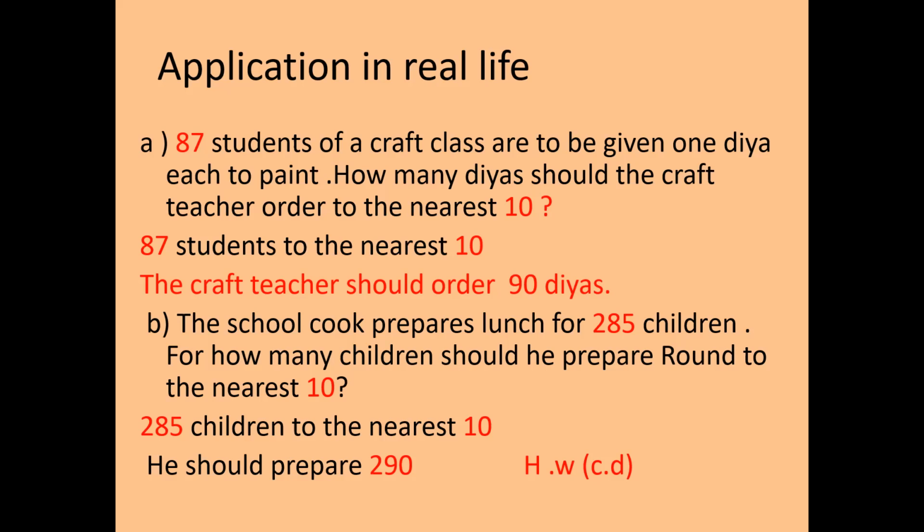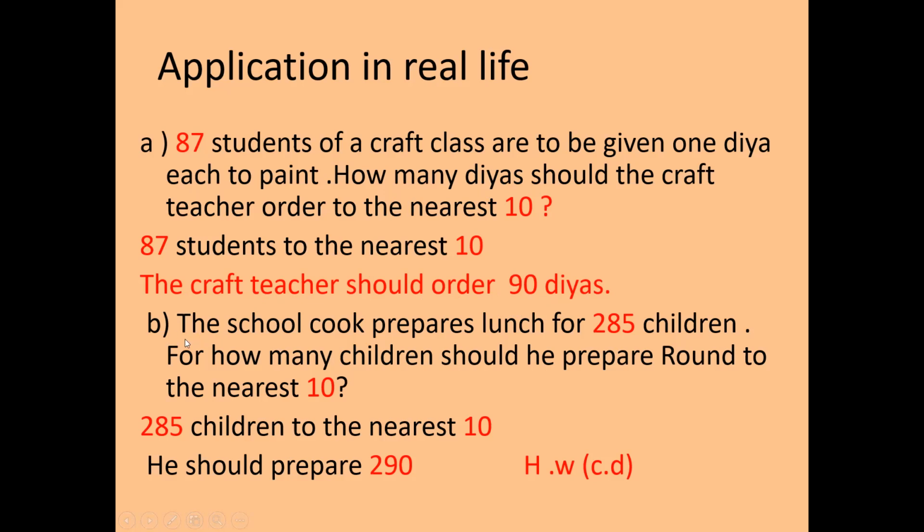If we look at this number, 87, it lies between 80 and 90. So we round 87 up, meaning we will go to 90. Because of that, if you round 87 to the nearest 10, it will be 90. It means the craft teacher should order 90 days.